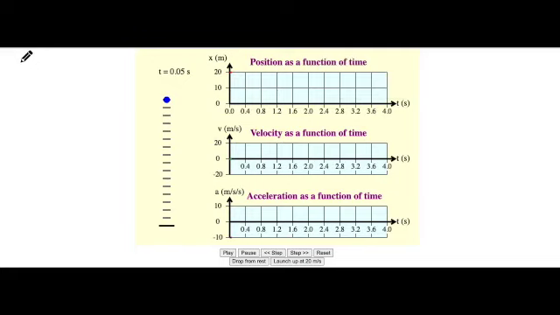The equations are V is equal to U plus AT, and S is equal to UT plus half AT square, and V square minus U square is equal to 2AS. These are the important equations of kinematics which describe one dimensional motion of an object.